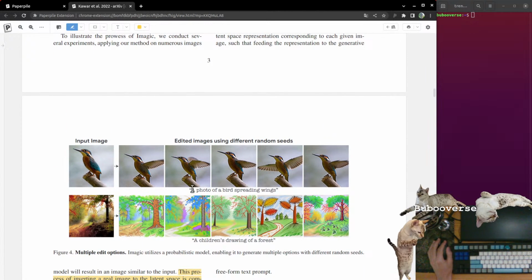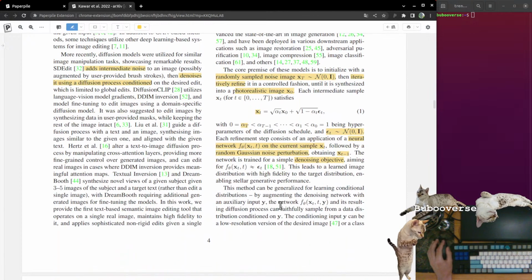But how is this text coming into the equation? This text is put in by conditioning the neural network. So our neural network here, parameterized by theta, takes x sub t, the image, at a specific time step t. But what you do is you also give it an auxiliary input y.